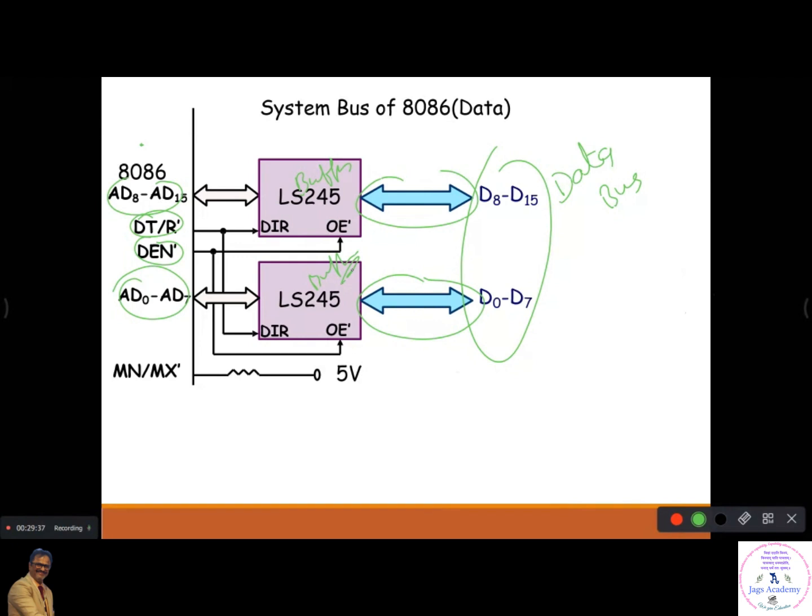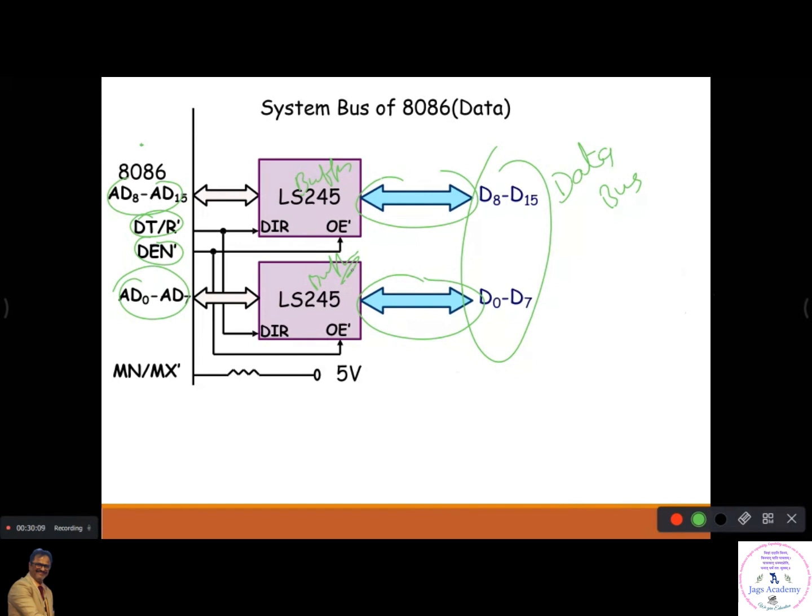At the same time it will generate an ALE signal, right? It won't make data enable low at that time. It will make ALE high. So ALE goes high through the latch, and whatever data is available in the address data bus goes to the address bus now. Immediately once the address goes to the address bus, ALE goes low, because it isn't required anymore, right?